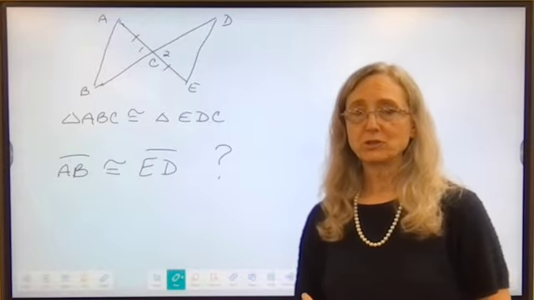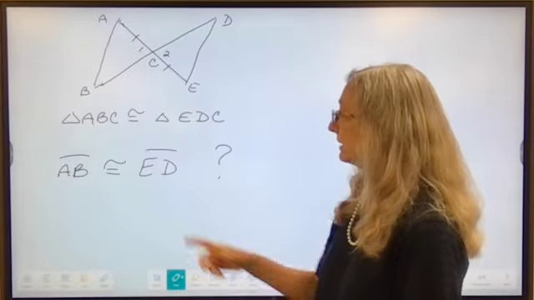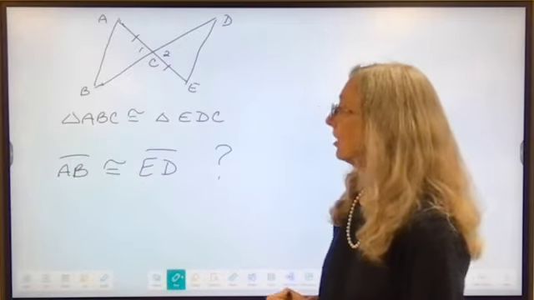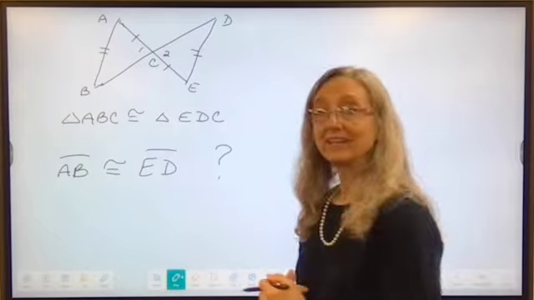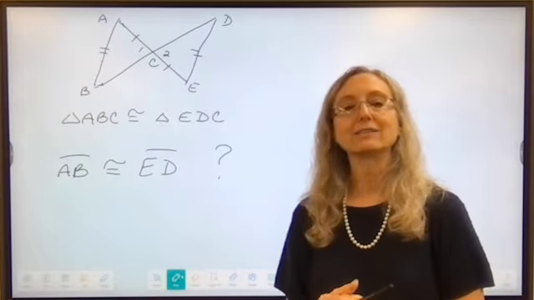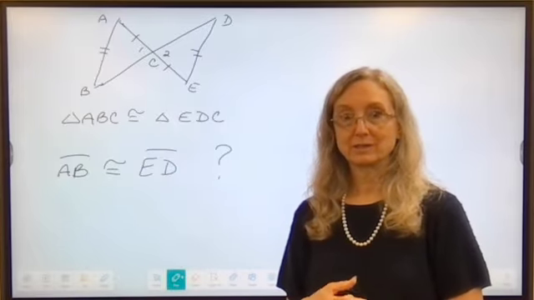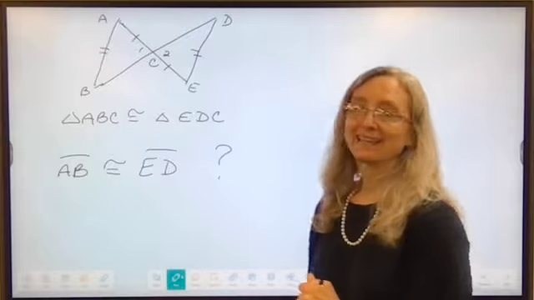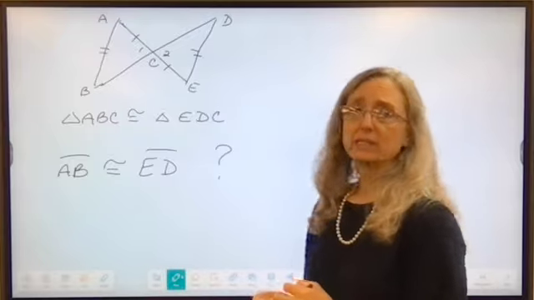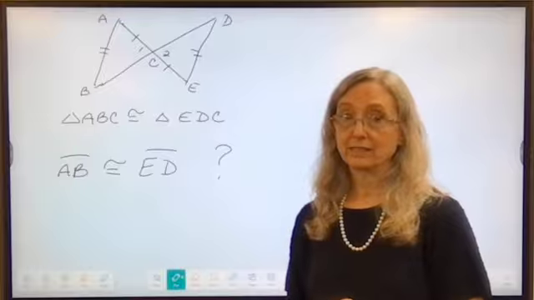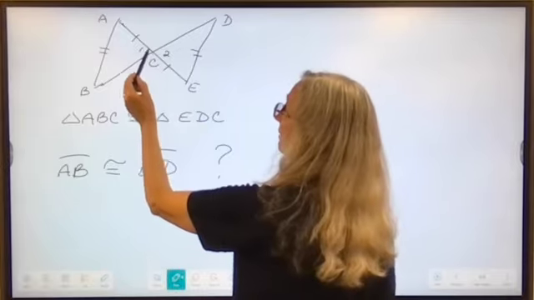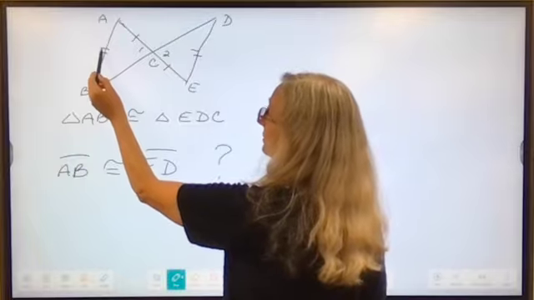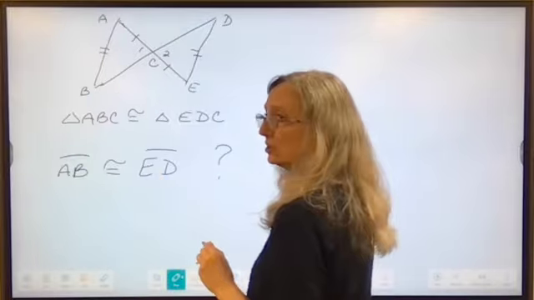Okay, I have the same triangle. What if I'm given that AB is congruent to ED? What if I'm told that? Is that enough? Can I say with that that the triangles are congruent? So I have two sides and the angle. So is the angle included between those two sides? And it is not. So if I go around, I have angle, side, side, or side, side, angle.